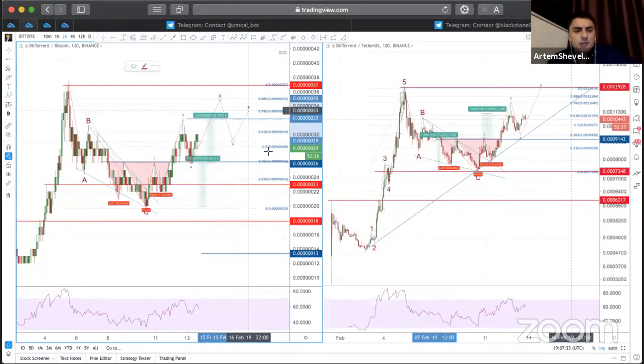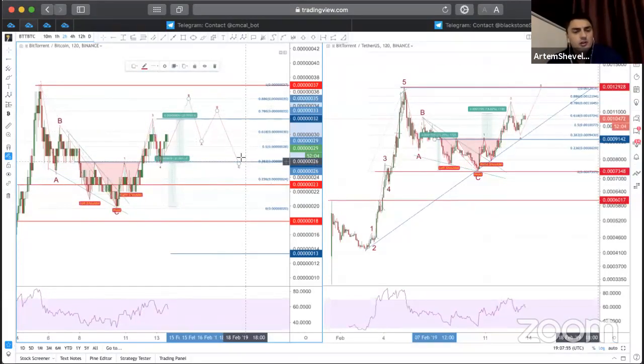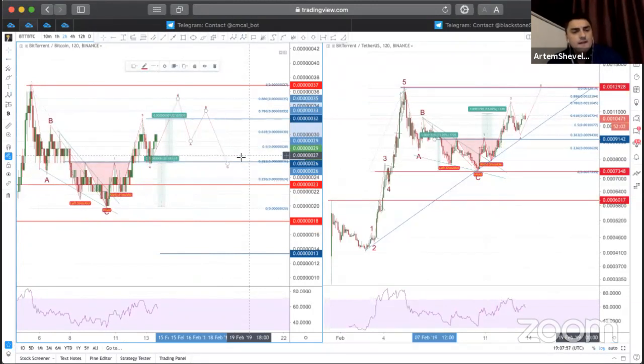So we need ABC to the downside, and then commonly the C leg ending somewhere near the fourth wave bottom, right? So again, 26 Satoshi is an important level to make this correction end. And after this, we probably should expect some new rebound.